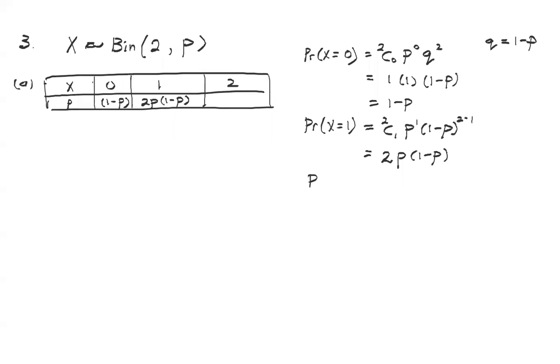Probability of X equal to 2: 2C2 P to the power of 2, 1 minus P to the power of 0. Anything to the power of 0 is 1, so I got P squared.